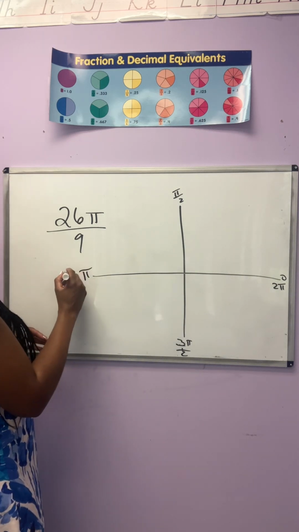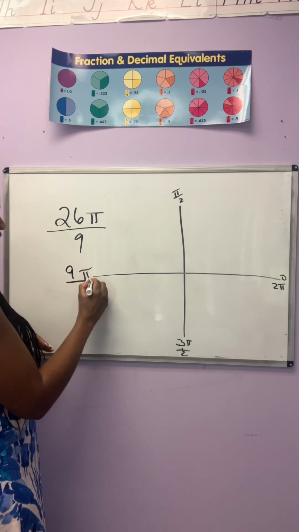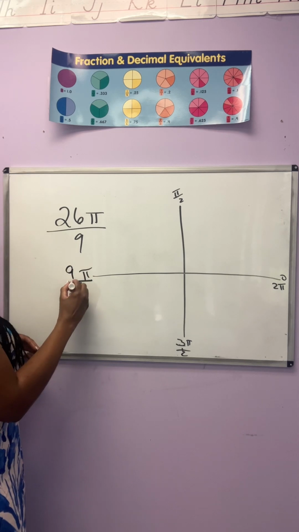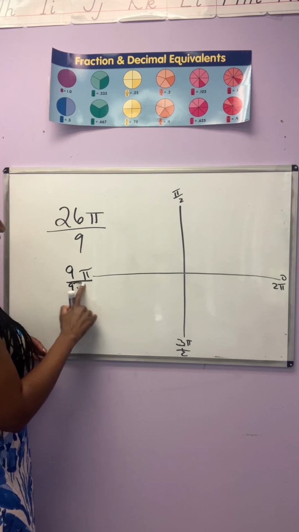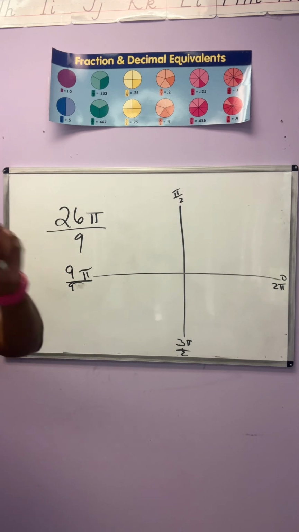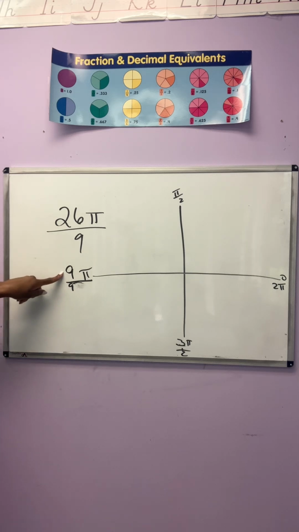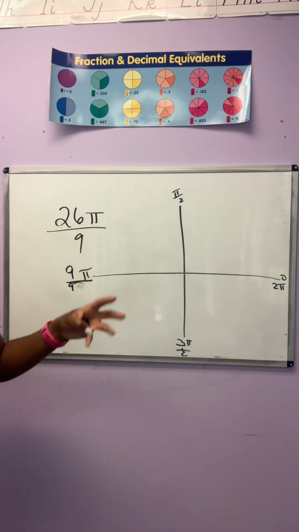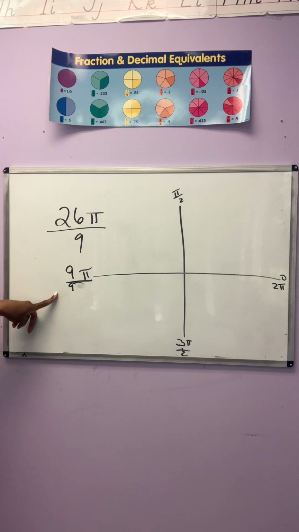Like this will be 9 pi over 9. Oh, sorry. 9 pi over 9. That's one whole pi. It's 9 pi over 9. Because initially it was just 1 pi. Now we know that if we have 9 over 9, that's the same thing as 1. So this is 9 pi over 9.